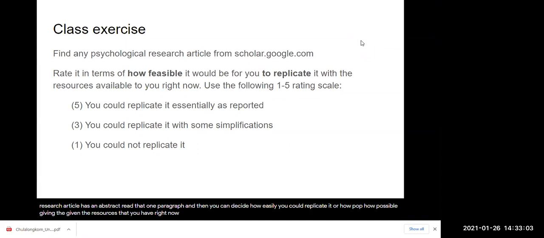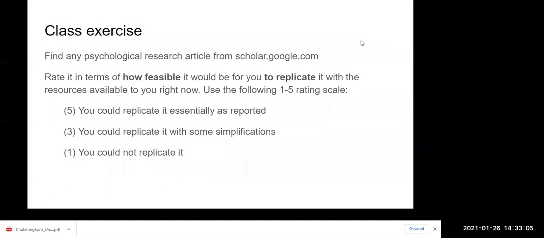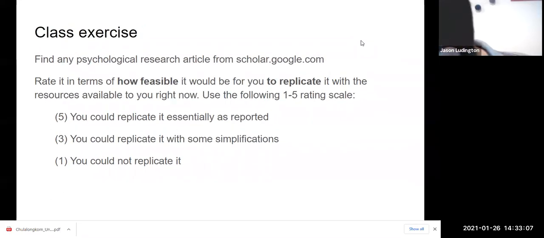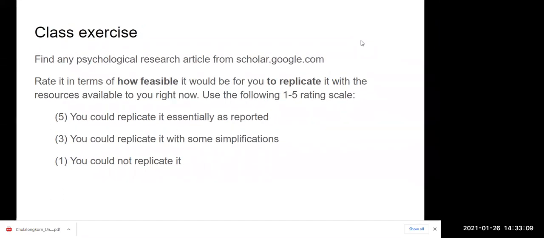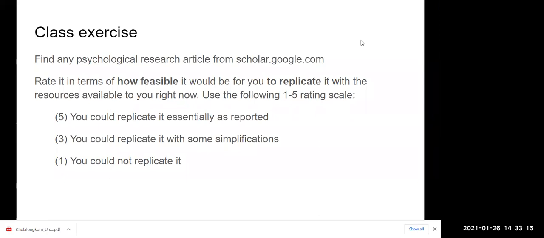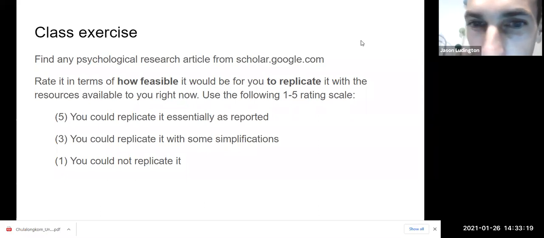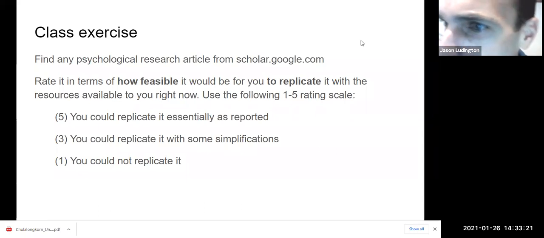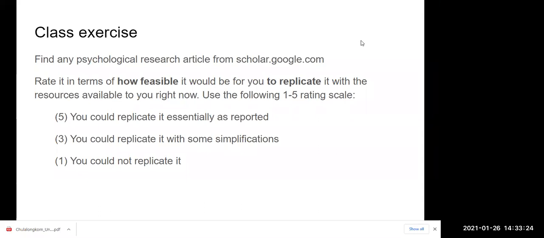I've got one. Excuse me? I've got one. Okay, read me the title. Using virtual reality in experimental psychology. All right. So what do you think? Easy to replicate that one or not? Well, potentially I could do it.